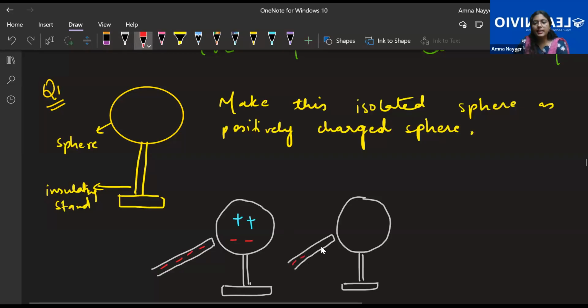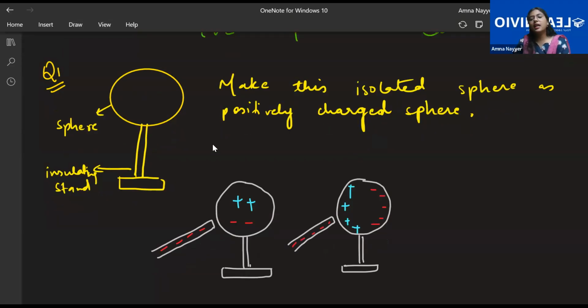It will attract positive charges at one end, and as a result, negative charges will be on the other end. Now, there is a problem in this. As soon as I remove this glass rod from the picture, it will again become neutral. Positive and negative will recombine, and this will go back to the neutral state from where we started.